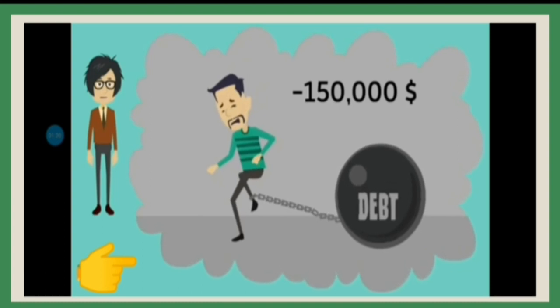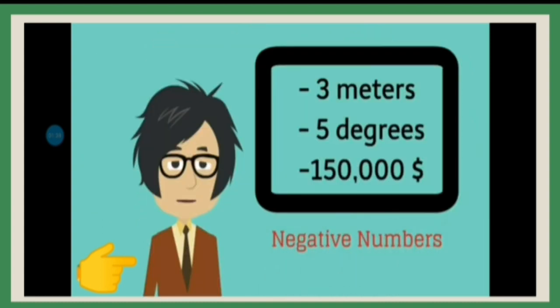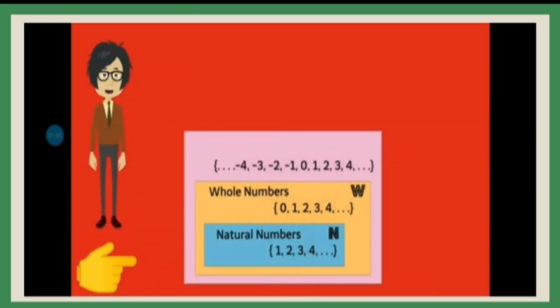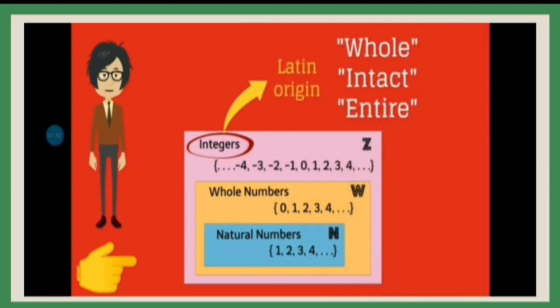And of course, when you owe money to the bank. In all such cases, the numbers are called as negative numbers, which when clubbed together with the whole numbers, form a new group called integers, strangely denoted by the letter Z. The term integer, as a matter of fact, is derived from Latin word that means whole, intact, or entire.